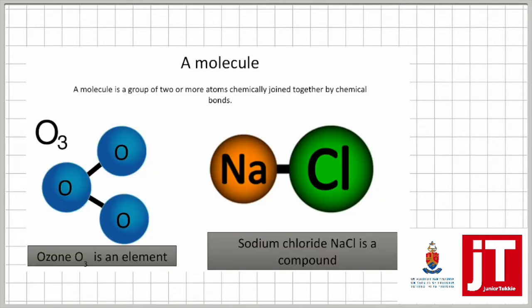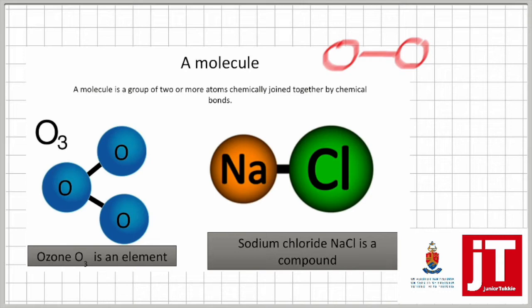Now, the idea of two atoms joining onto one another brings about the idea of a molecule. A molecule is a group of atoms, two or more atoms, which are chemically joined to one another by means of a bond.